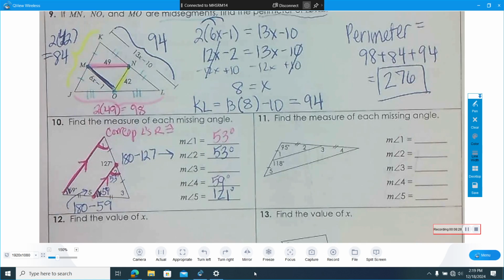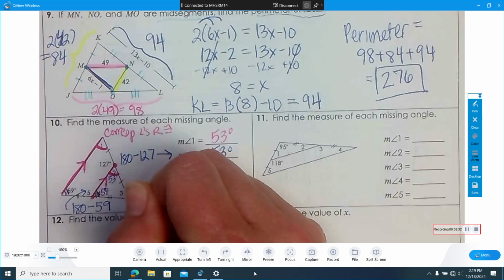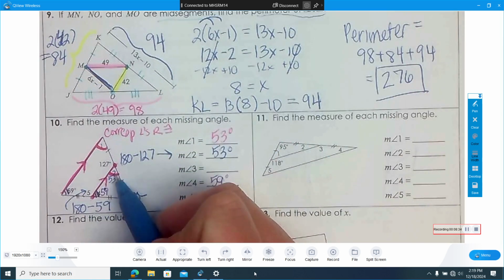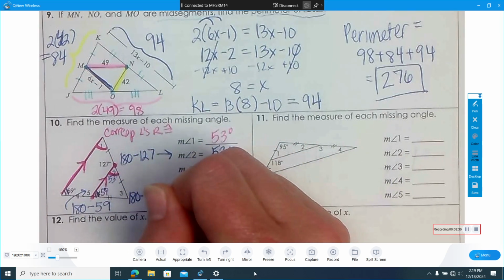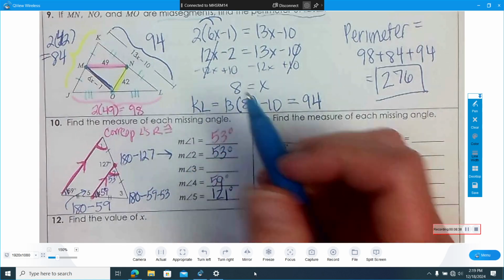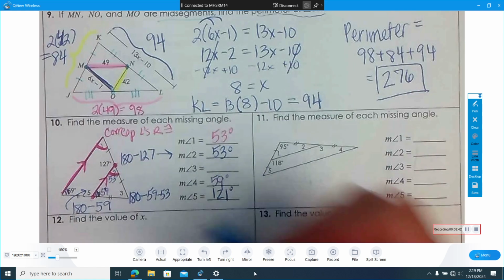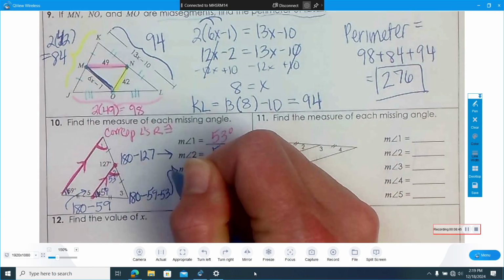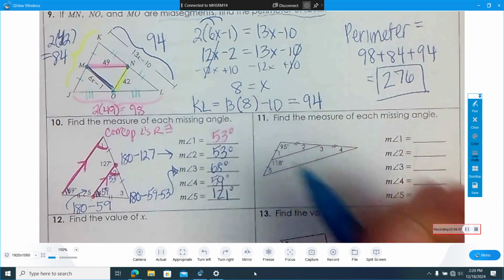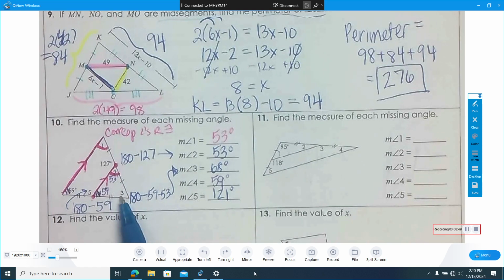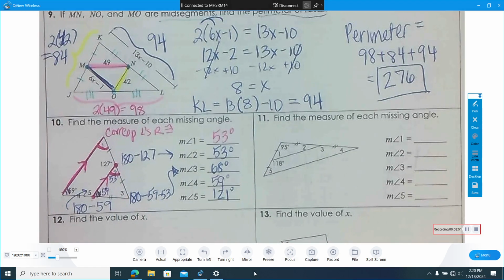Did you just add them all up? We want to do 180, and we're going to subtract the 59 and subtract the 53. So 180 minus 59 minus 53 is 68. There we go. So 68 for that angle 3. Any questions on that one?